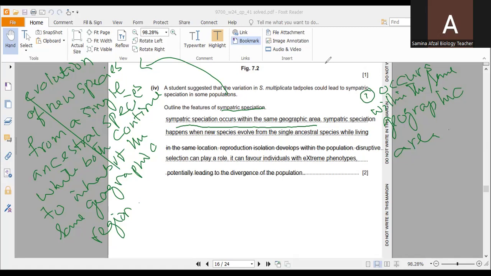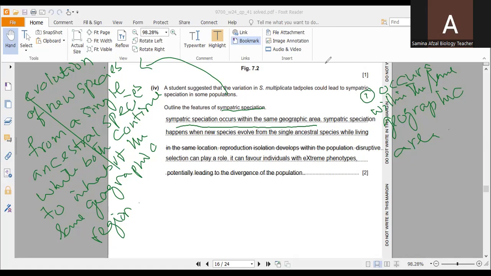In the same geographical area, the new species are originating. So this is the first feature of sympatric speciation.